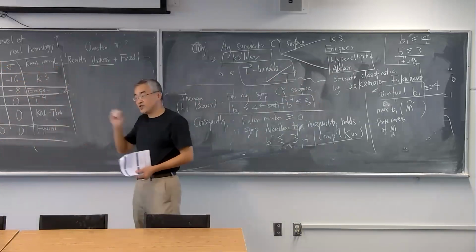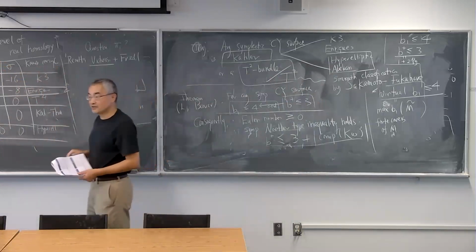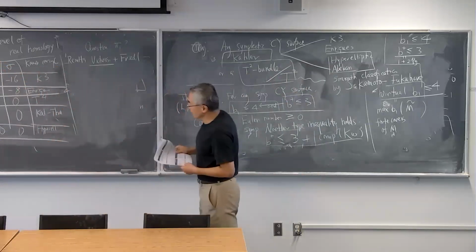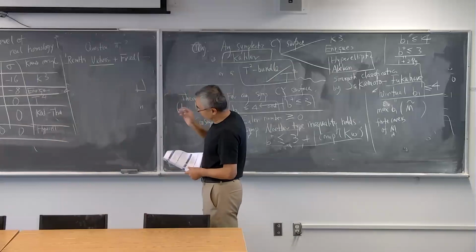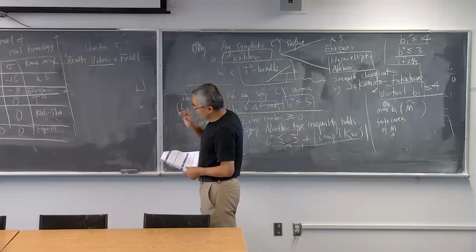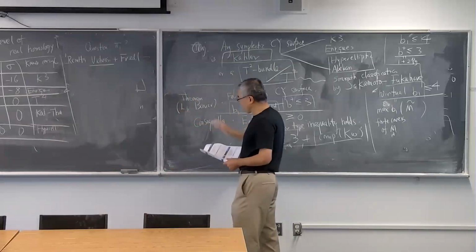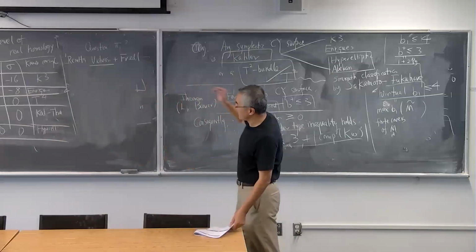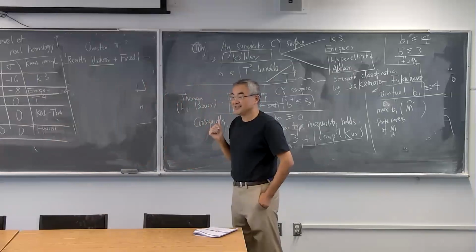Then you can use the Pin(2) version. You really have the Pin(2) extended symmetry. Use the extended symmetry to show the canonical Seiberg-Witten invariant is even if b plus is at least 4.